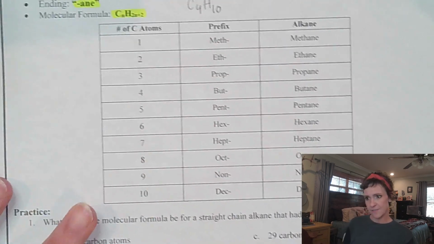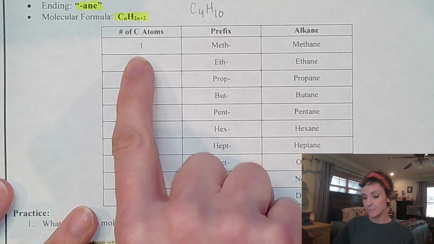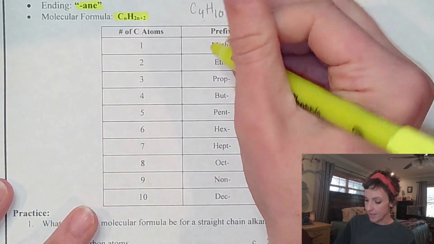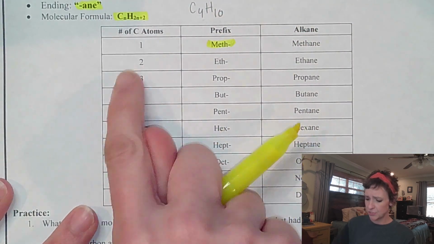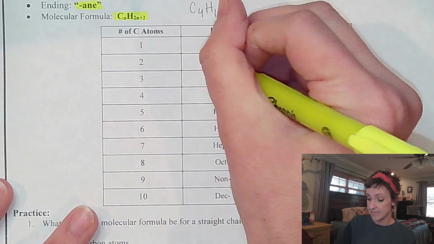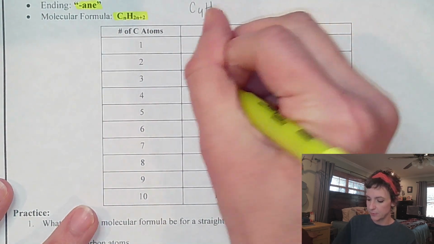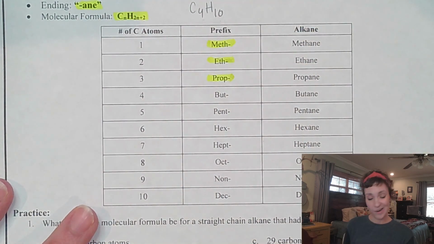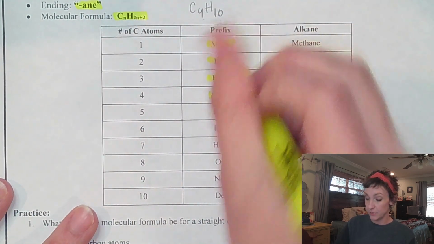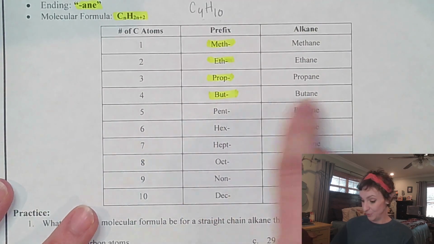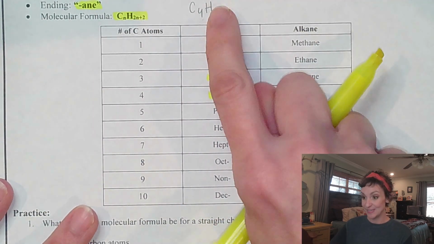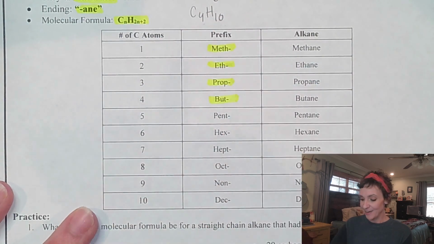So if I have 1 carbon, my prefix is meth. If I have 2 carbons, my prefix is eth. If I have 3 carbons, my prefix is prop. If I have 4 carbons, my prefix is but. That's where the butane came from. So this is my butane, okay?